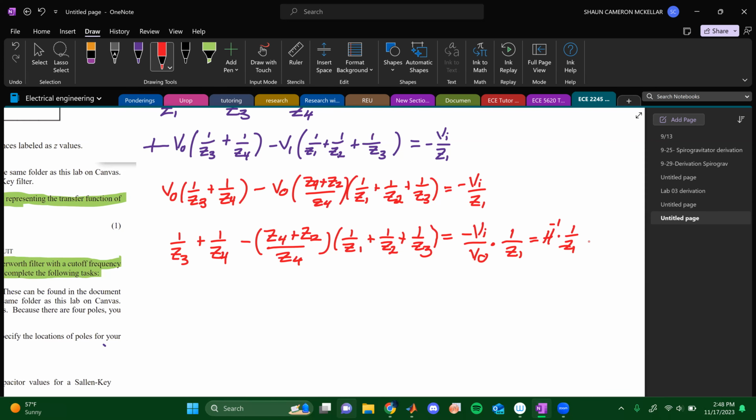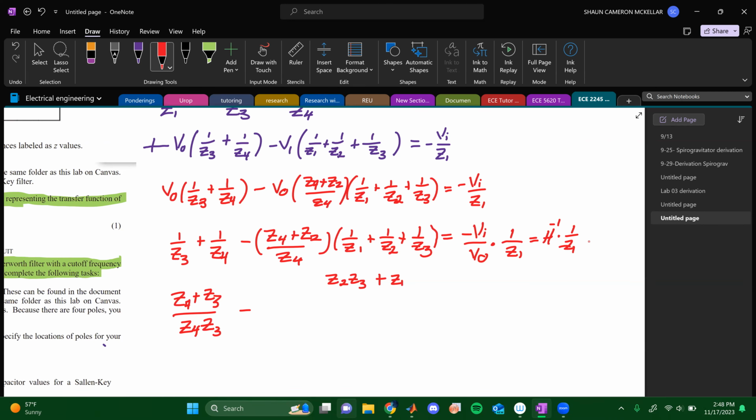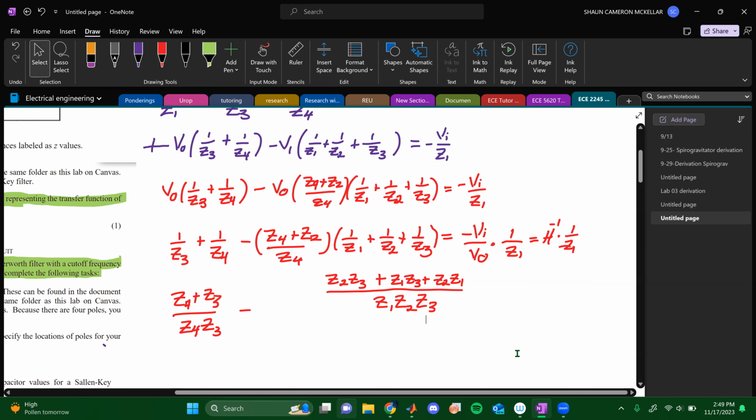If I get these first two terms, I would have Z4 plus Z3 over Z4 Z3, minus, if I add up all these terms, I'll get Z2 Z3 plus Z1 Z3 plus Z2 Z1, all over Z1 Z2 Z3. Let me slide that down.